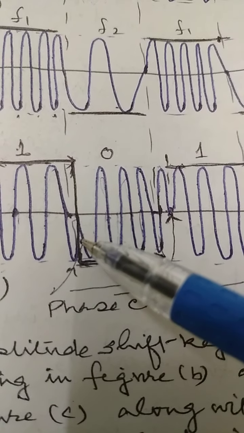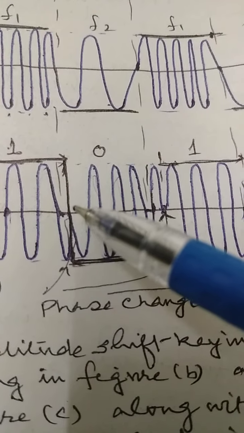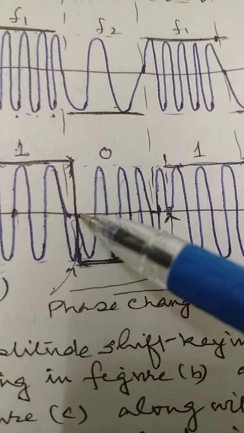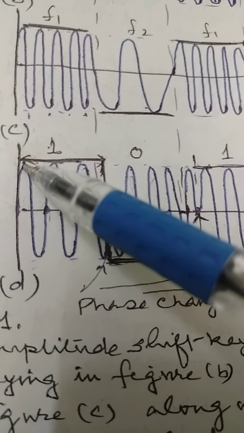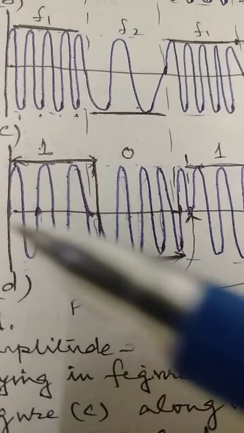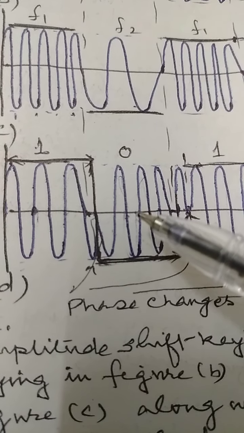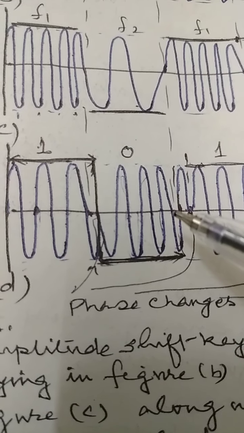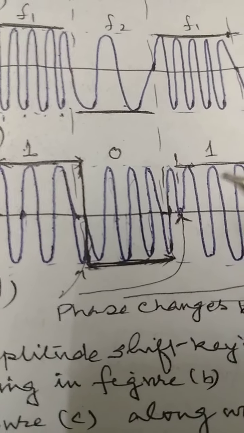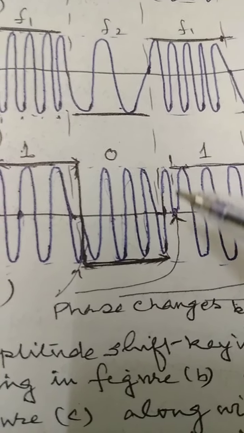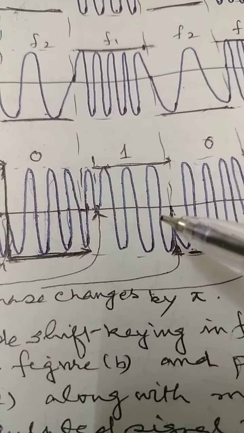Again, from here you see for logic 0 we have taken the phase reversal, meaning 180 degree. If we shift this by 180 degree, then this amplitude will come on the negative side. So this has started from negative, cycle 1, 2 and 3 cycles, and here we are ending at 0. Again for logic 1 we are starting from 0 degree and ending at 0 degree.